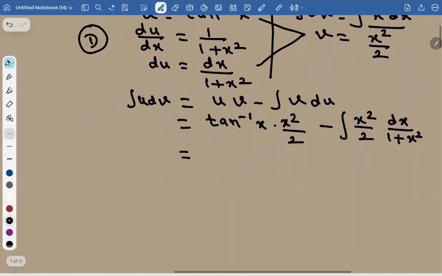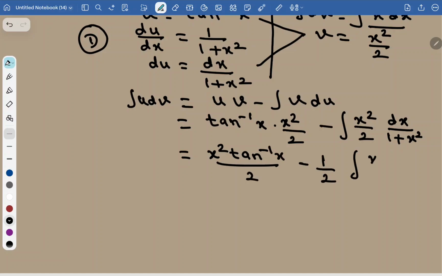We can write it as x square tan inverse of x by 2 minus 1 by 2 integral x square dx by 1 plus x square. This is equation 1.